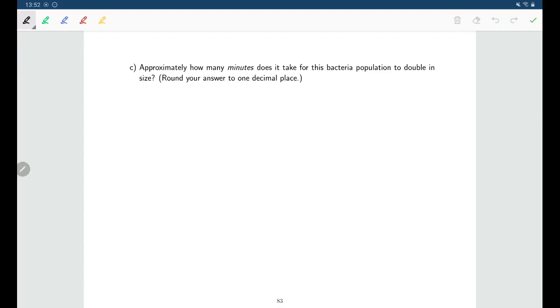All right, so now we're interested in how long it takes for our population to double in size. We originally started out with 1,000 bacteria, and we want to know at what point we have twice that amount. At what point do we have 2,000 bacteria? So we're looking to solve for t here.